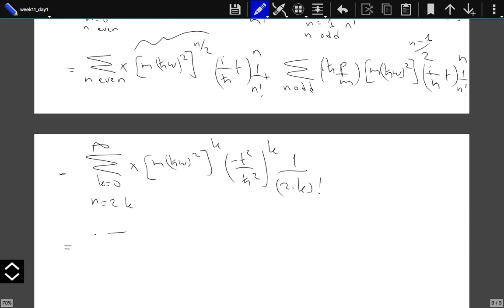Now in the second sum, I will do a similar thing. I will sum over k from 0 to infinity, but this time n will be 2k plus 1. So as k goes from 0 to infinity, 2k plus 1 just goes over all odd integers.